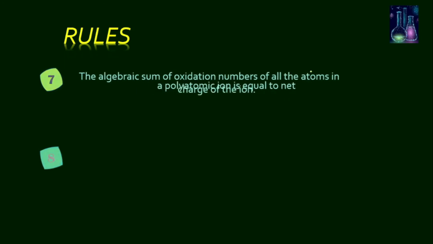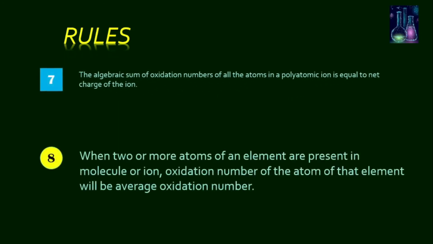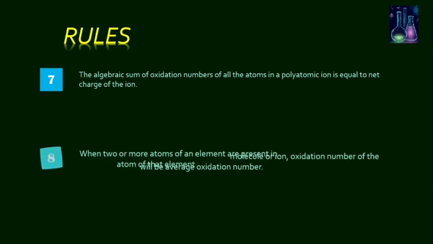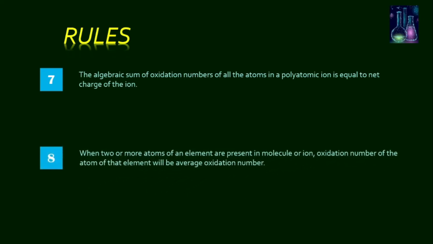And last but not the least, when two or more atoms of an element are present in a molecule or ion, the oxidation number of that element will be the average oxidation number. So these are the set of rules that you need to follow while assigning oxidation numbers. Come on, let's try some examples.